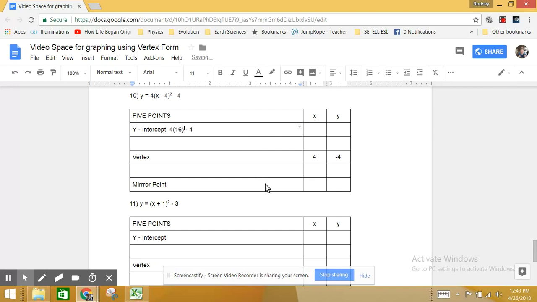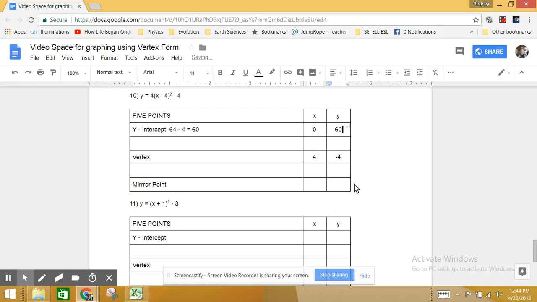So it's negative 4 times negative 4 is positive 16. 4 times 16 is 64. And then 64 minus 4 is 60. So we have a y-intercept at 0, comma, 60.